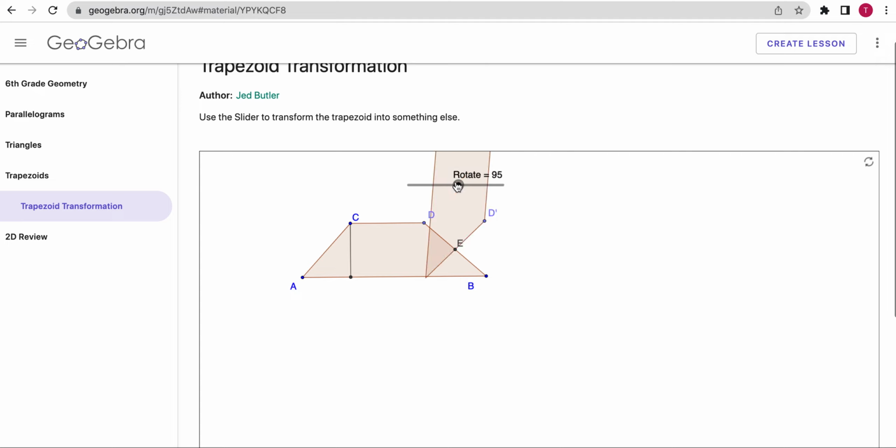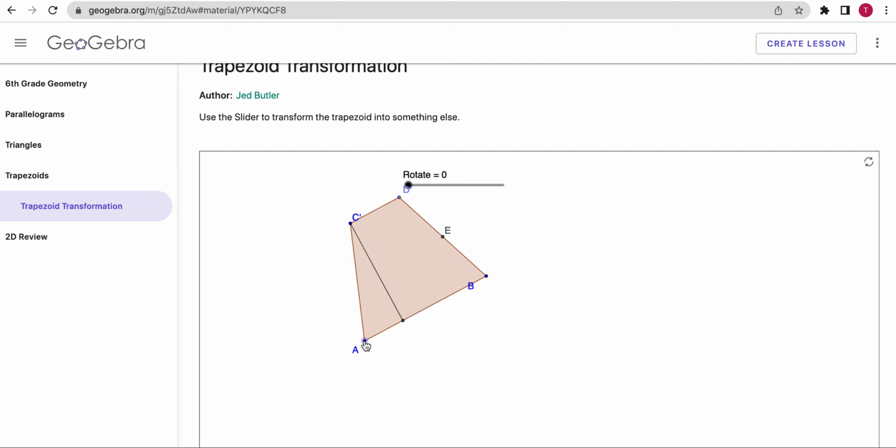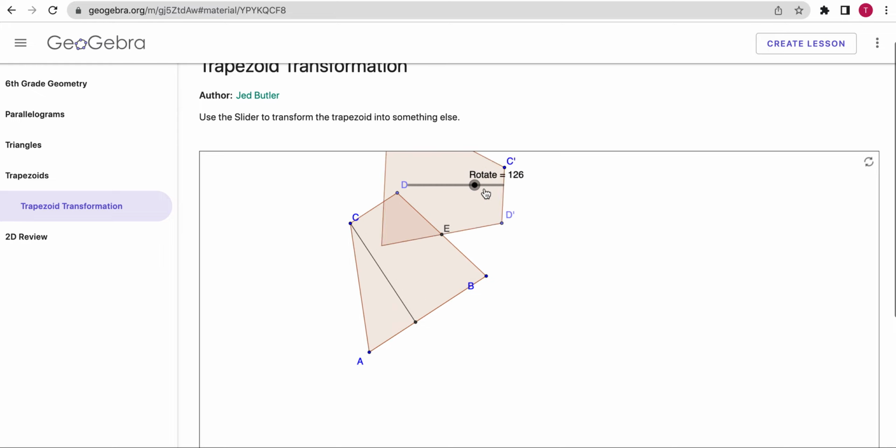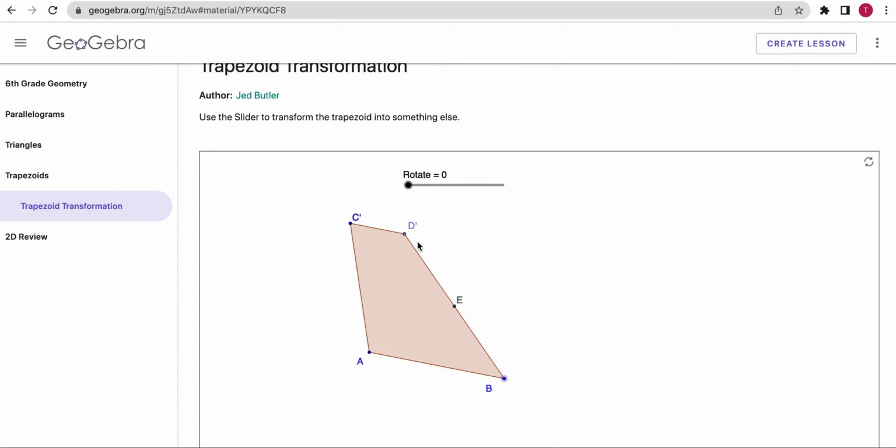Or even if we rotated it back to 0 and messed around with it a little bit and rotated it again, I'll just make a unique shape.